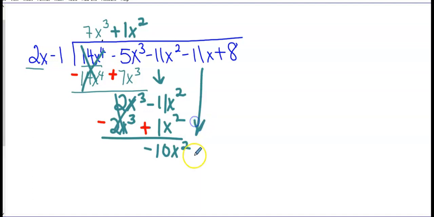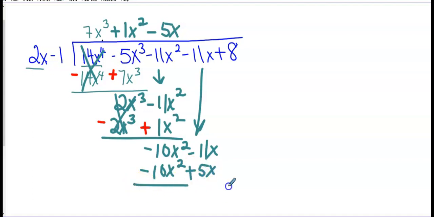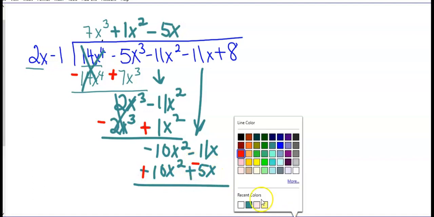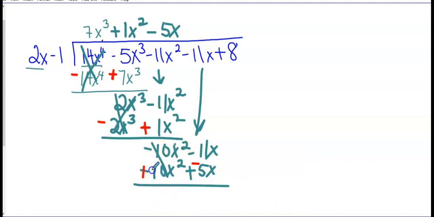Bring down minus 11x. 2x divides into negative 10x squared minus 5x times. That times that is negative 10x squared. That times negative 1 is plus 5x. Change them to the opposite, plus and minus. These cancel.